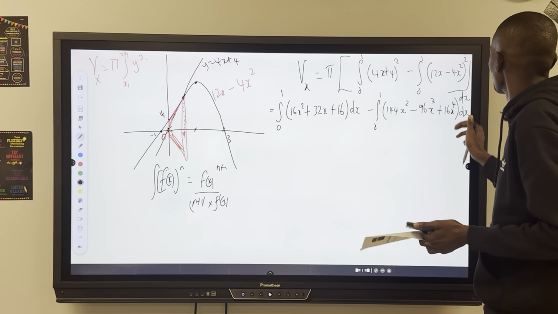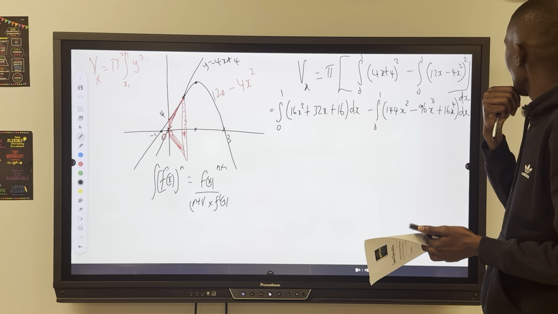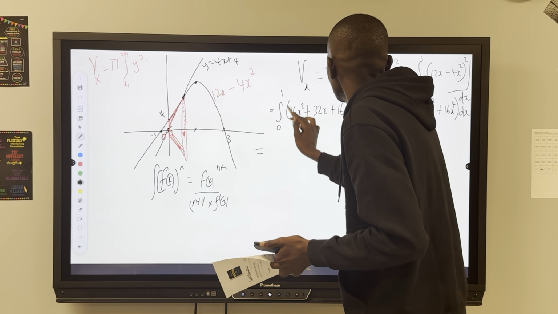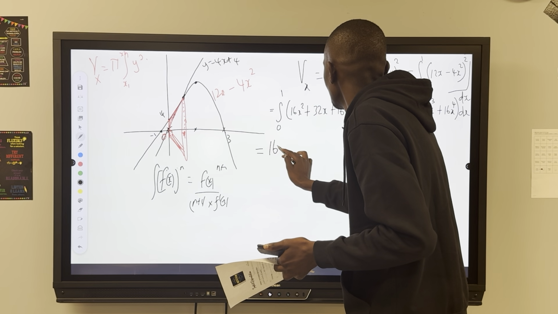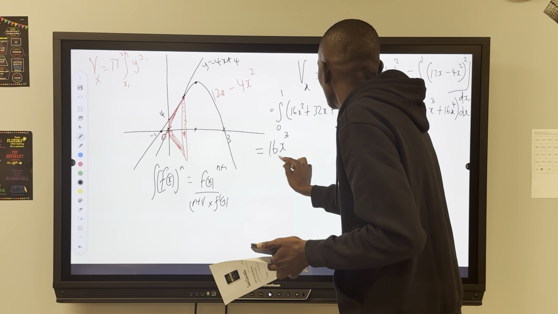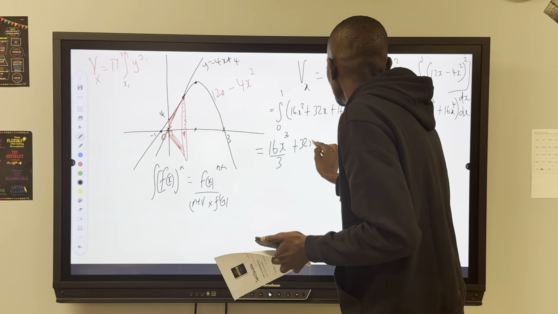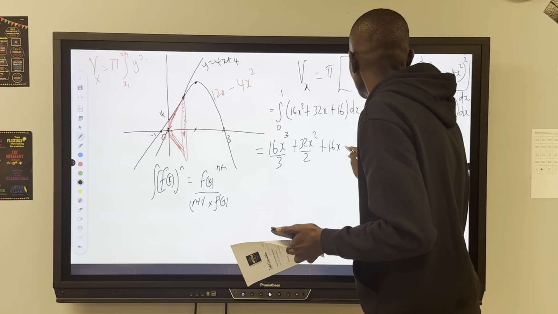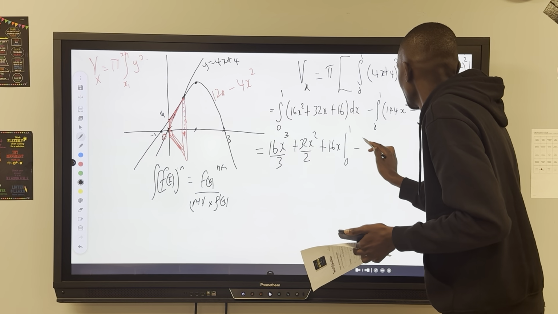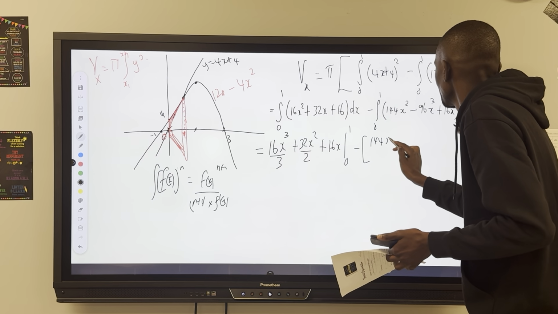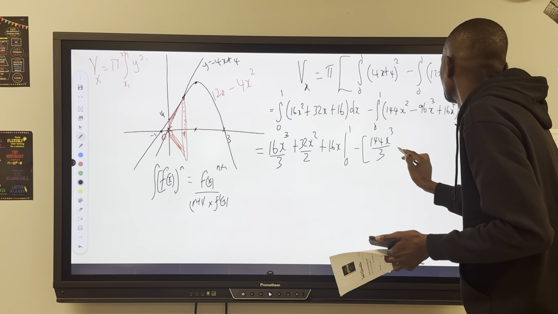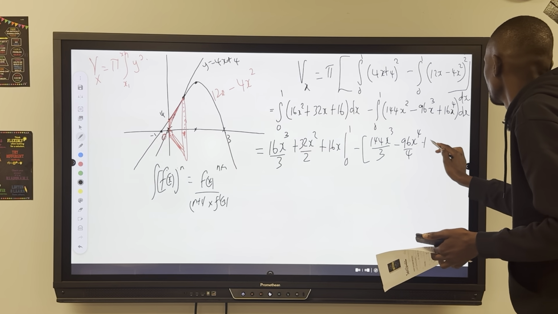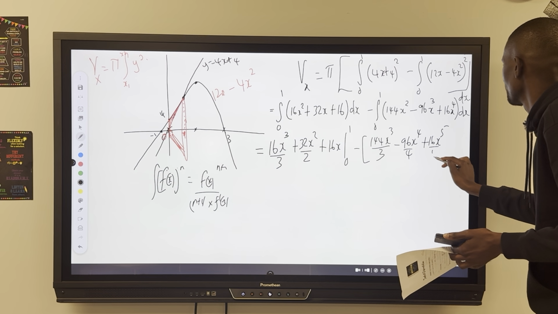So we want to integrate this. When we integrate here, we are going to get 16x cubed over 3 plus 32x squared over 2 plus 16x, with limits 0 and 1, minus 144x cubed over 3 minus 96x to the 4 over 4 plus 16x to the 5 over 5.